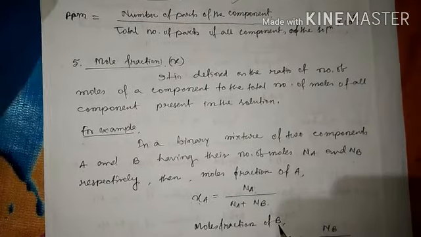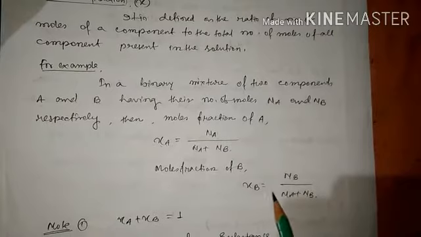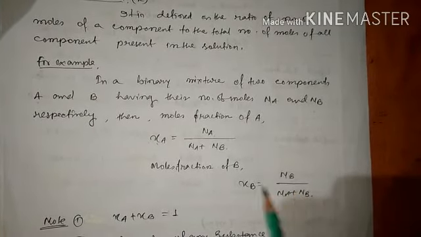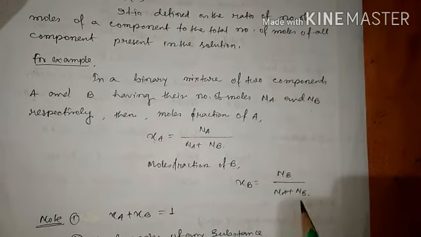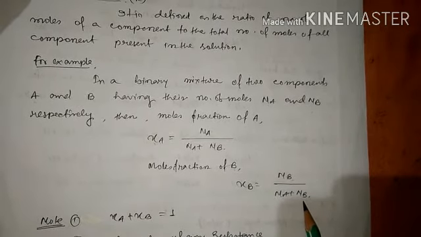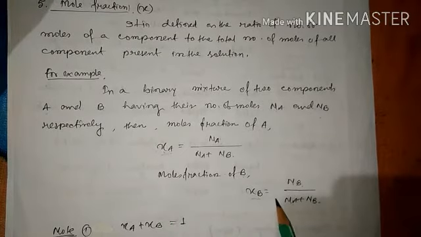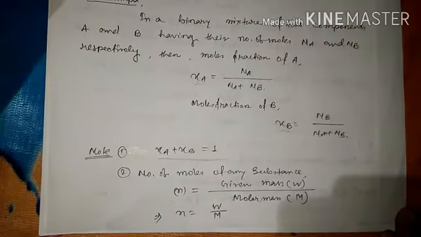Therefore, the mole fraction of B, similarly xi B, is equal to Nb divided by Na plus Nb. Remember one thing: if you add xi A and xi B, we will get 1. That's why it is written xi A plus xi B equals 1.